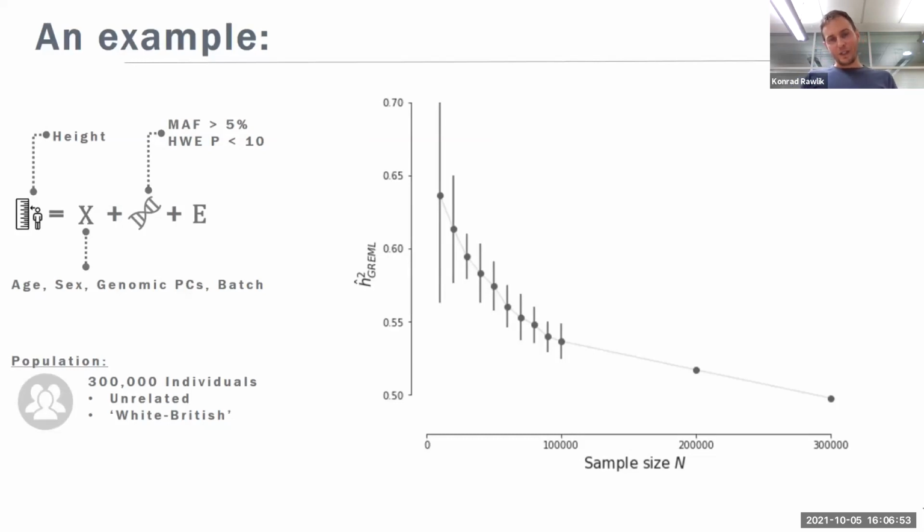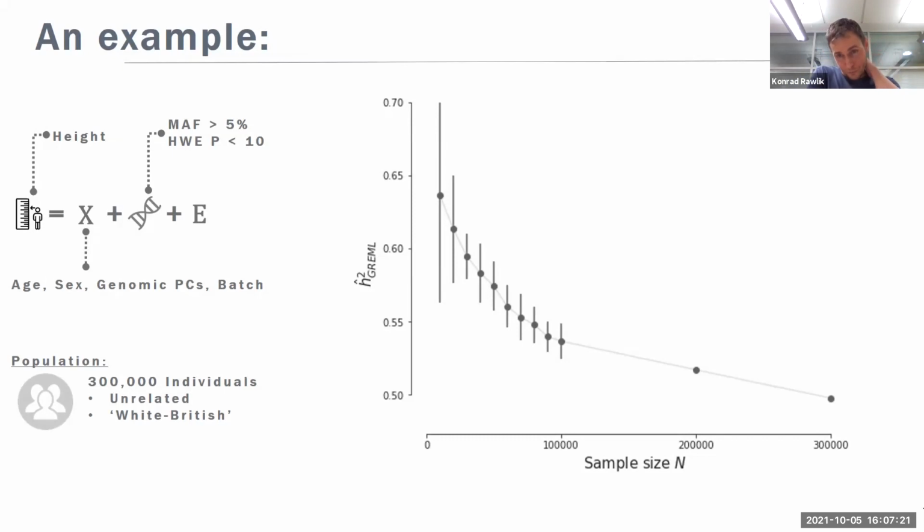And what I'm plotting on the right is the mean of these estimates and the variance of these estimates for different sample sizes. And as you can see, the expected value of this estimate changes. So the first thing you might think is, well, there's a bias. But it's maybe okay because asymptotically it will still estimate the right thing.